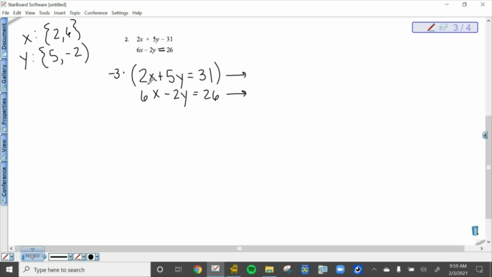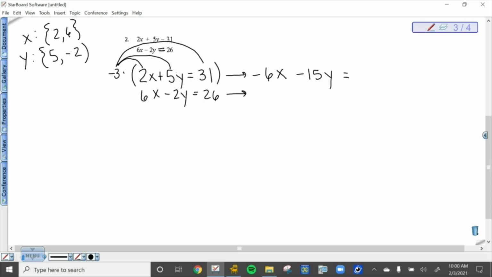So negative 3 times 2x, what does that give me? Negative 6x. Now, what's negative 3 times 5y? I'm distributing here. Negative 15y equals, what's negative 3 times 31?